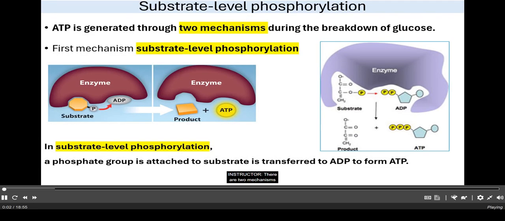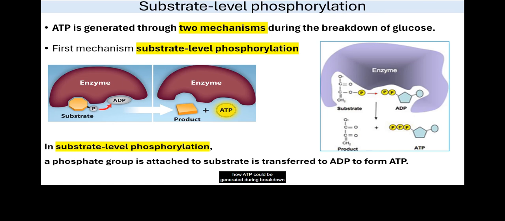There are two mechanisms how ATP could be generated during breakdown or catabolism of glucose. One mechanism is called substrate level phosphorylation. During this process, enzymes have two active sites. One for the substrate which has a phosphate group and the other for ADP.